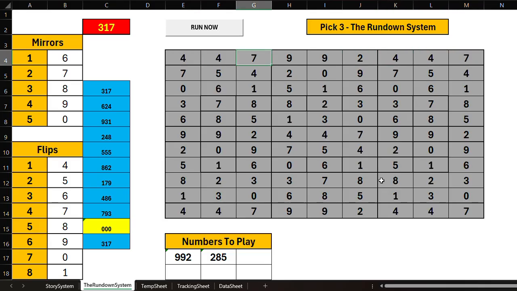Okay, so this is 992. So now this is a double number, but the strategy is still going to work the same. 862. So we're going to look somewhere around this chart to find 862.